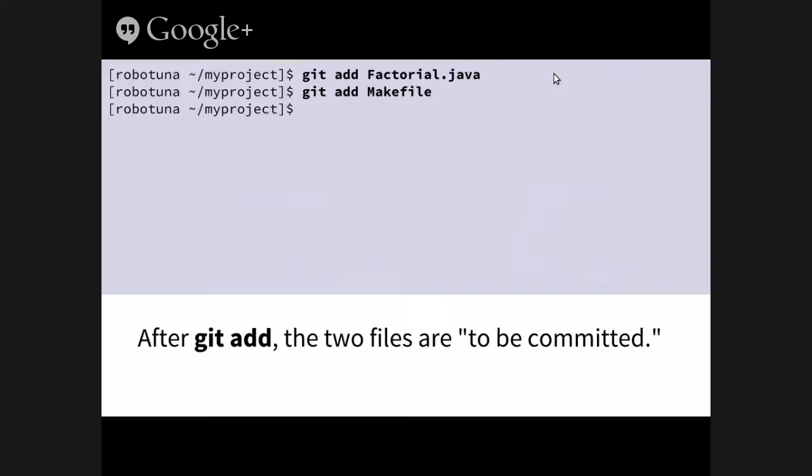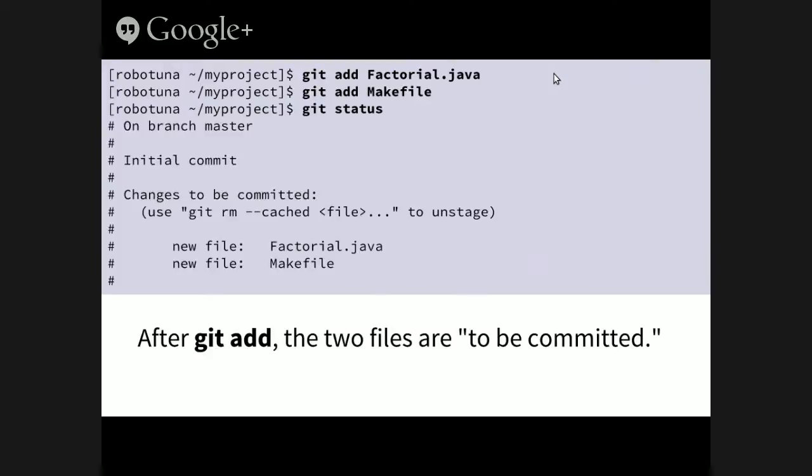So you say git add, and then what do you type to commit them? Right. Oh, sorry. Okay. At the time when I made this presentation, I practiced all the hidden stuff. But anyways, git status to see. When you type git status after git add, now you see that the files are to be committed.